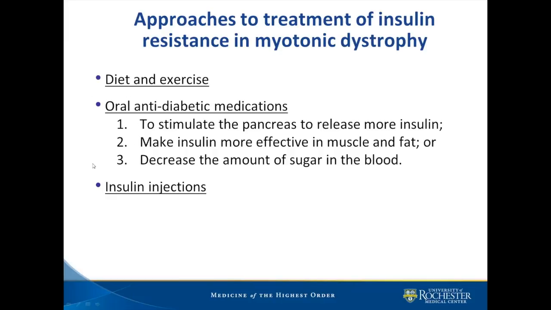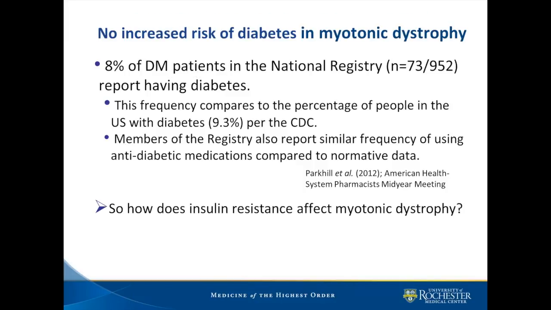If those oral treatments are not totally effective or ineffective, then you use insulin injections. The vast majority of patients who require lifelong insulin, however, have type 1 diabetes, which is not typically associated with insulin resistance, but it's associated with a lack of insulin because, as I mentioned earlier, the beta cell is damaged and it is not able to produce insulin in sufficient quantities.